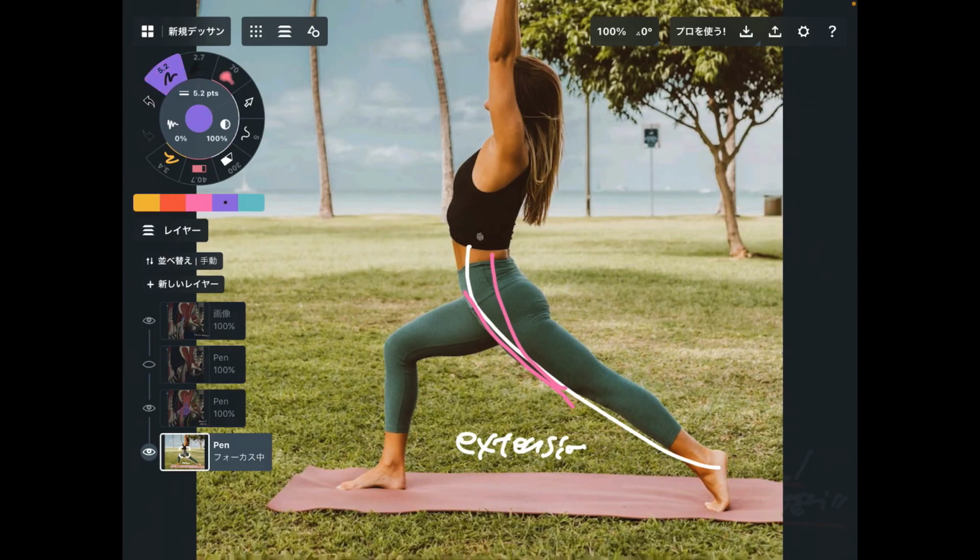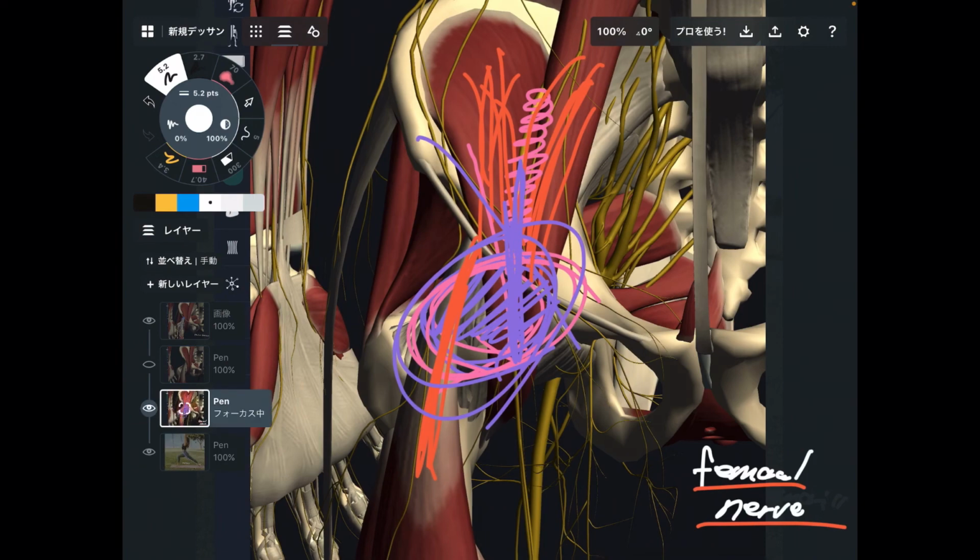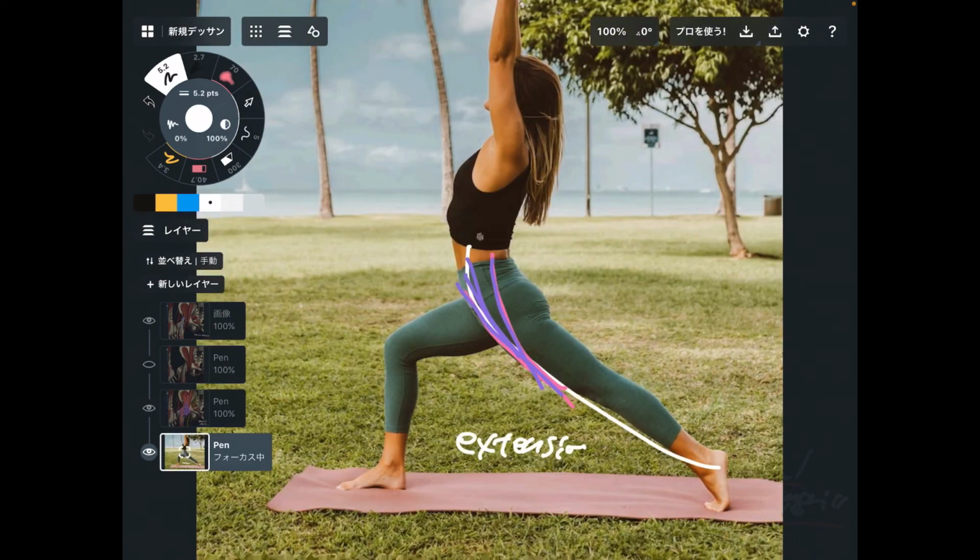So if you do yoga, stretching, Pilates, self-treatment, you focus on iliopsoas, rectus femoris, and femoral nerve. You can focus on that because now you know the anterior hip anatomy. So you can focus on each structure and feel the stretching around this area. Knowing anatomy and having visualization of anatomy increases the effect of self-care treatment. Of course, that increases athletic performance. That is why knowing anatomy is very, very important.